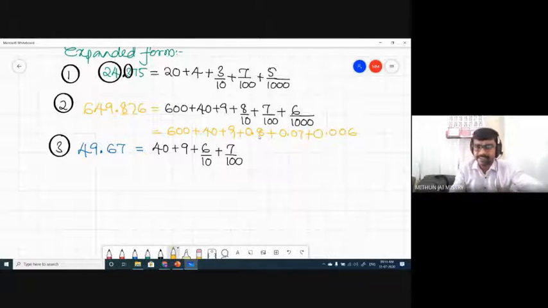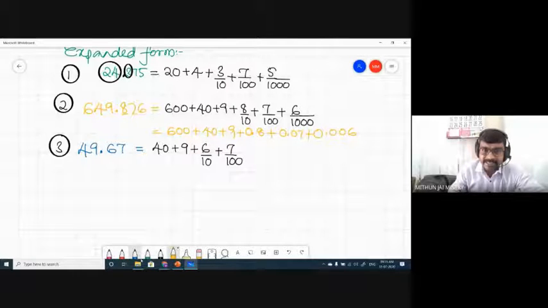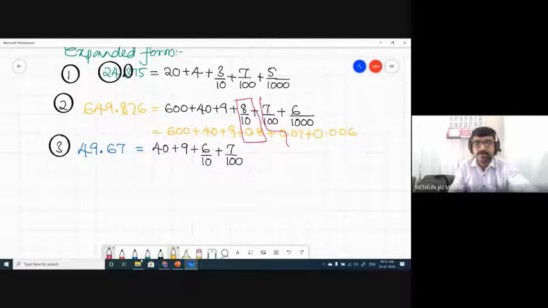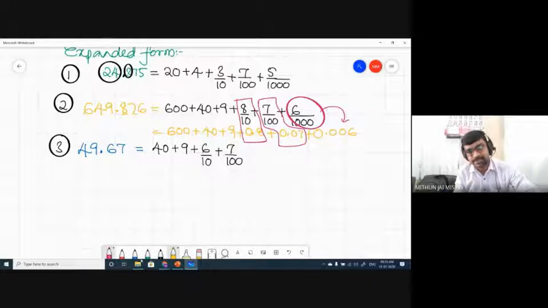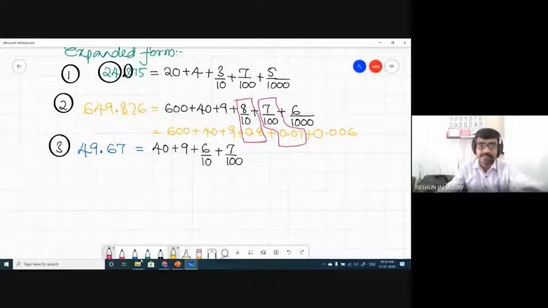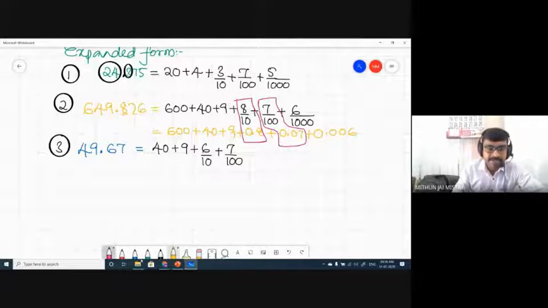Or in another way, you can understand that 8 by 10 is nothing but 0.8. 7 by 100 is nothing but 0.07. And 6 by 1000 is nothing but 0.006.